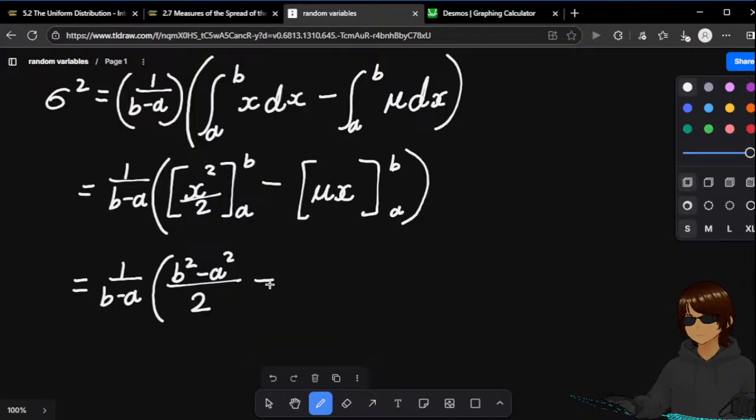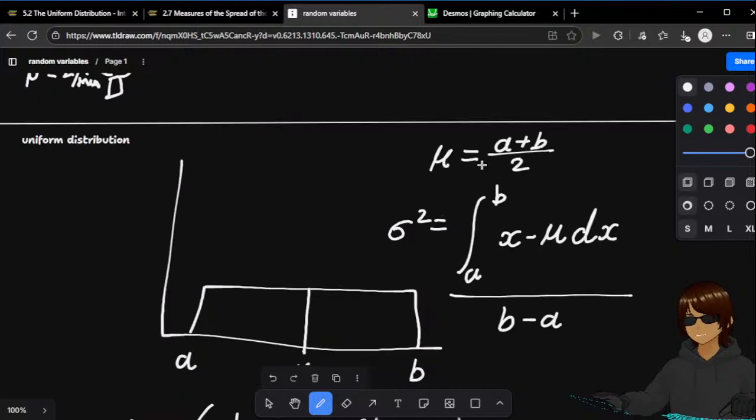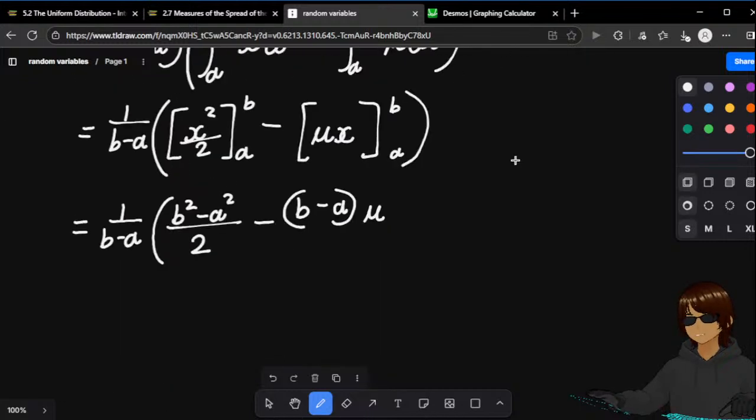Is this correct? And then b minus a. But mu is a plus b divided by 2.